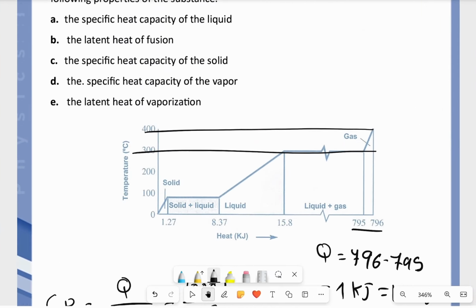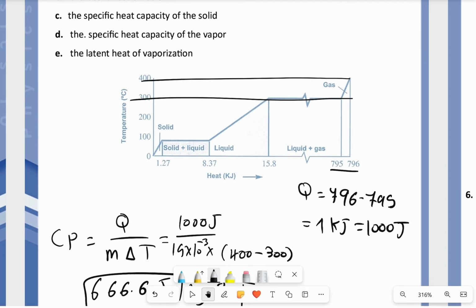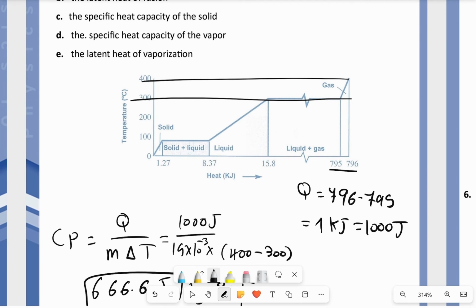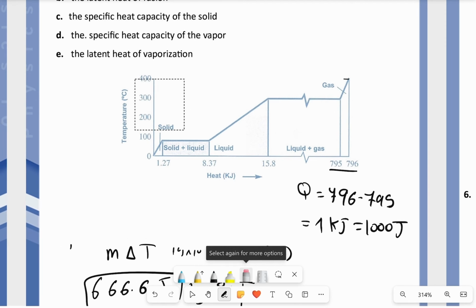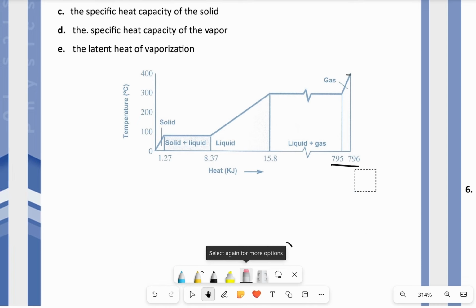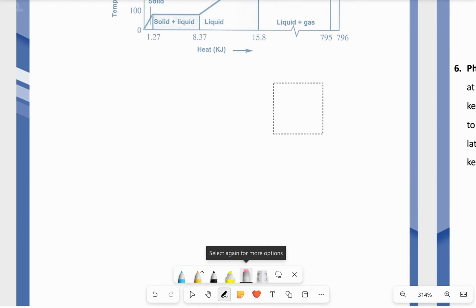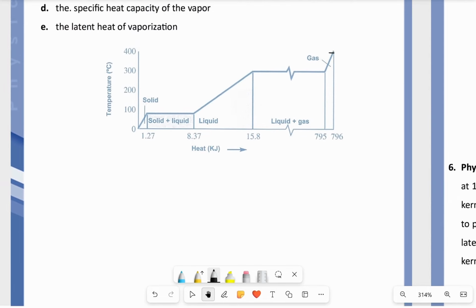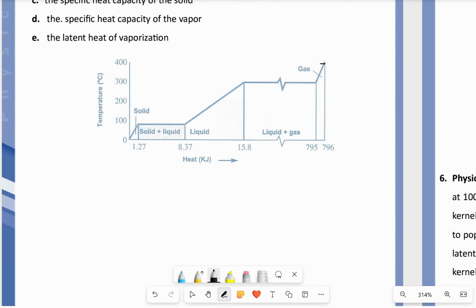We have the last question, E. It says the latent heat of vaporization. Remember, I just gave you a note: whenever it talks about latent heat, the temperature should be constant. Where is the latent heat of vaporization, which is related to gas and liquid, and the temperature is constant?